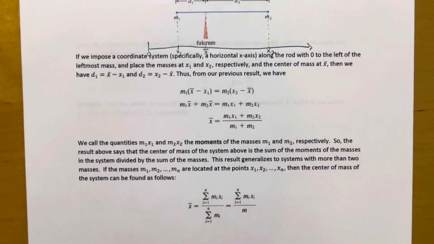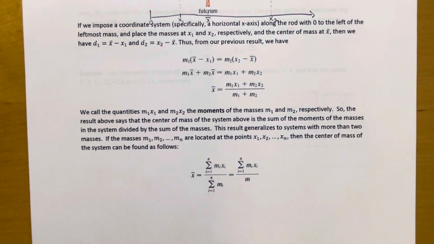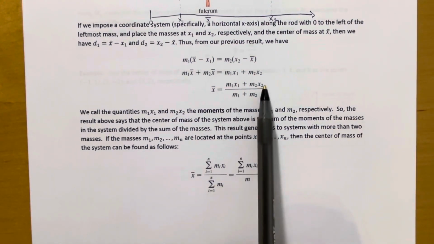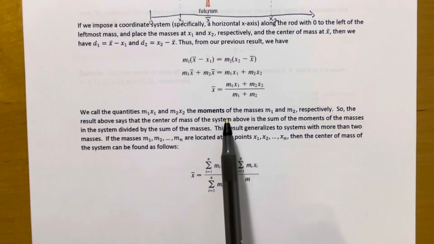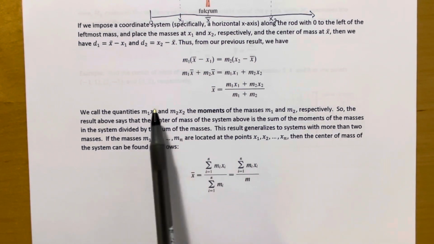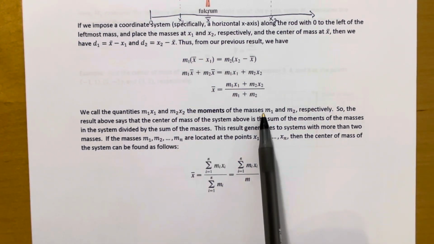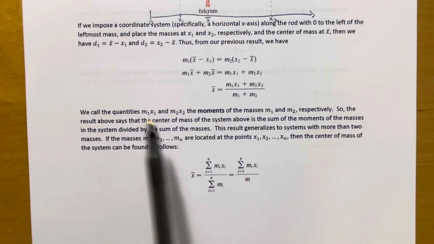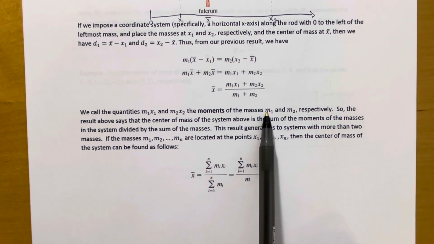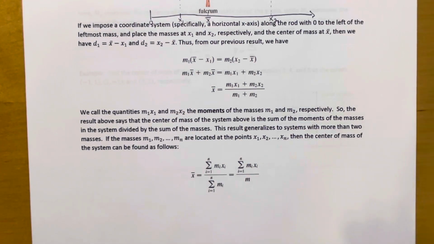Now, there's a simpler way of understanding what we're looking at here. First of all, these values, m1 times x1 and m2 times x2, are specific quantities that we call moments. Specifically, it's the moments of the masses m1 and m2 respectively. So m1 times x1 is by definition the moment of the mass m1, and similar for m2 there.